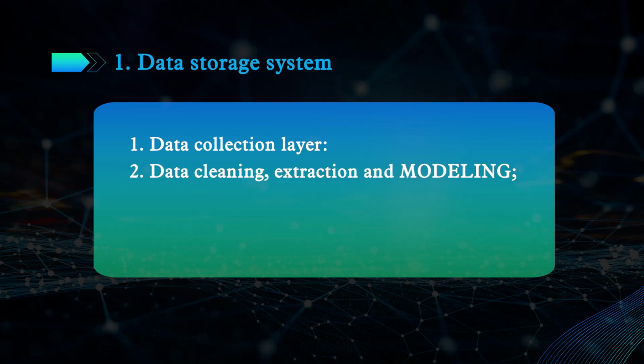Then we can convert various types of structured, unstructured, and heterogeneous data from different sources into standard storage format data, and define data attributes and value ranges to prepare for the data analysis.